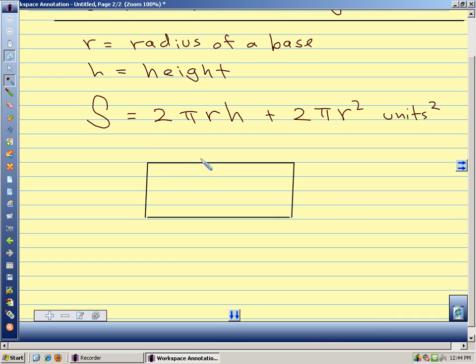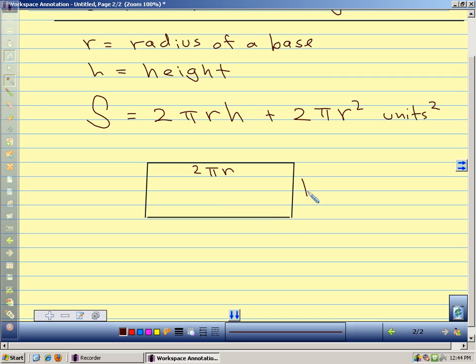And this side of the rectangle is the circumference of the base, 2 pi r. This side of the rectangle is the height of the cylinder. So the area of the rectangle equals 2 pi r h. That's where this piece comes from.